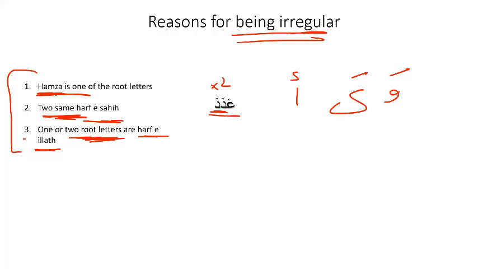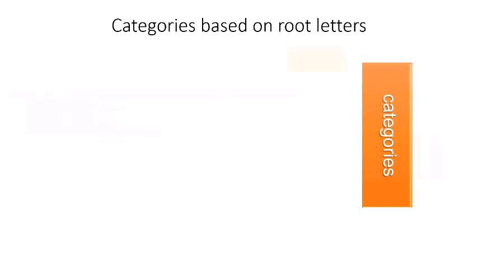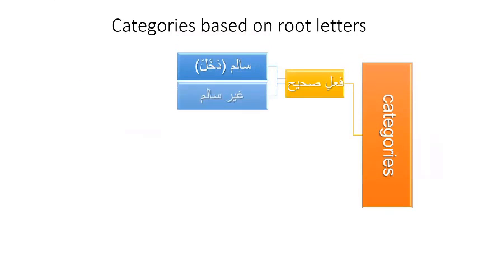Therefore, the first thing to be able to do is recognize that there is an illat. The second thing would be to recognize what sort of illat. And then the third would be, okay, now that we know the illat or the illness, what is the fix? That is a relatively long conversation that will happen over a few sessions. But today we are just trying to understand the different types of illat.